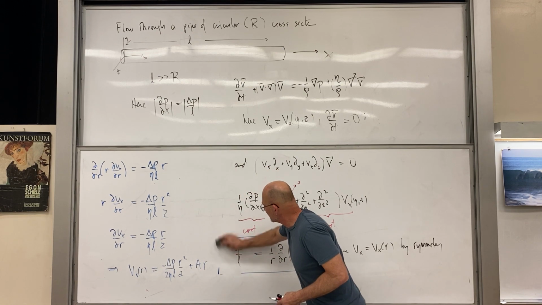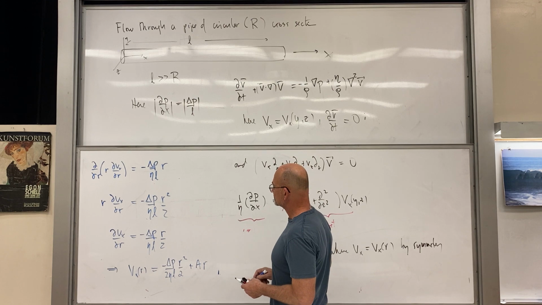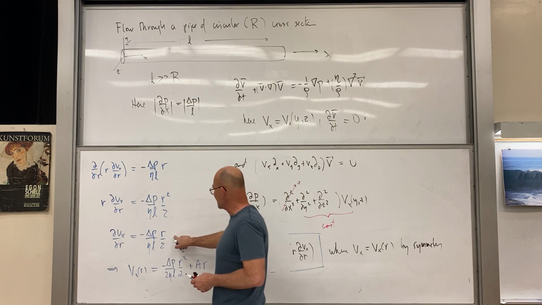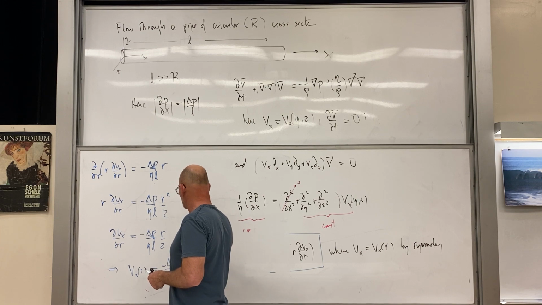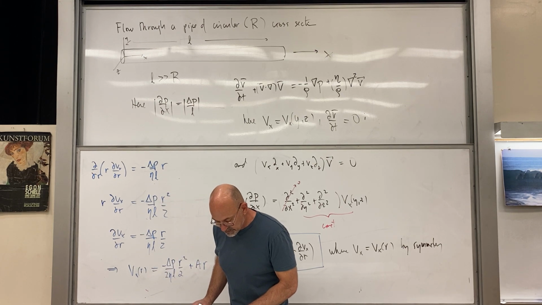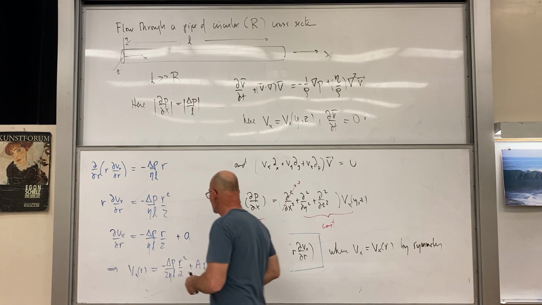Let's go ahead and erase this. So here I should have already had plus a constant. Did I have a constant there? Yes. Here I should have had a constant.